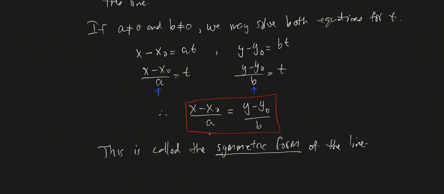And notice, in all three forms, we can quite easily identify the point x0, y0, and the direction vector with components a, b respectively. So if it's in the standard way of writing the symmetric form, we can identify the point that the line passes through. It's this number, and the direction vector is the vector AB.